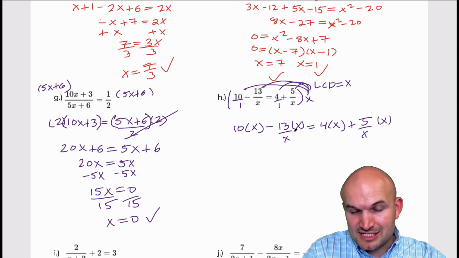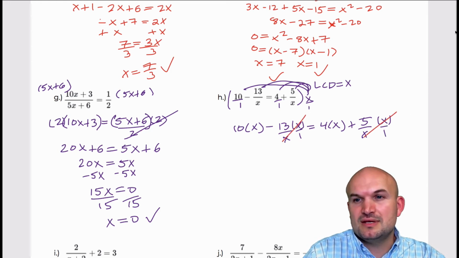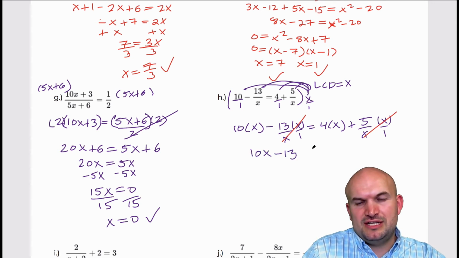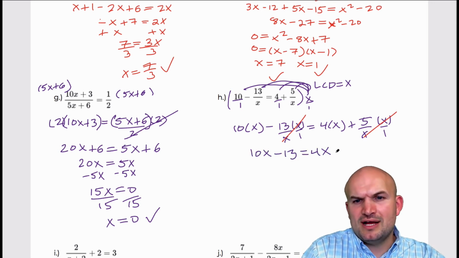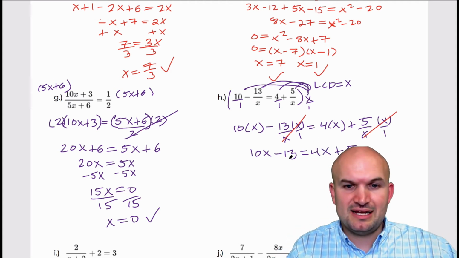So again, these x's are in the numerator, right? So you can see that is why my x's divide out there. That's why I can just write it as 10x minus 13 equals 4x plus 5. All right, so now I'm just going to get my variables to the left side and get my numbers to the other side.